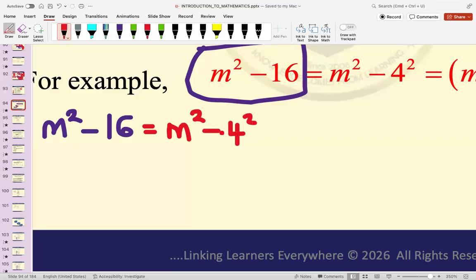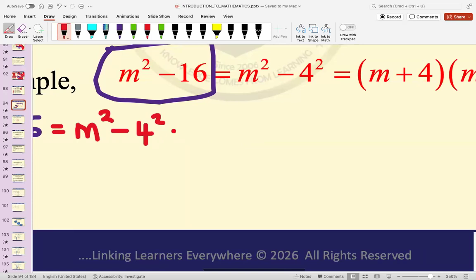So now we have the square now, which in principle says that open 2 brackets, write m 2 times. So you have your m here, you have your m here. 4 is at the second position. Write 4 also 2 times.